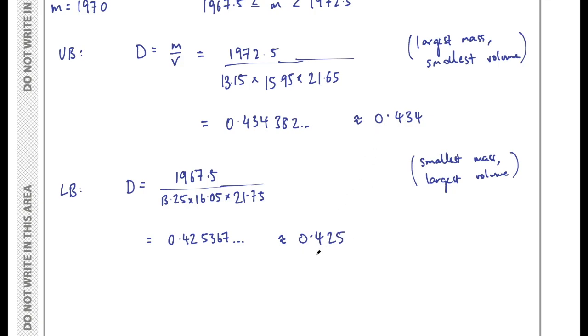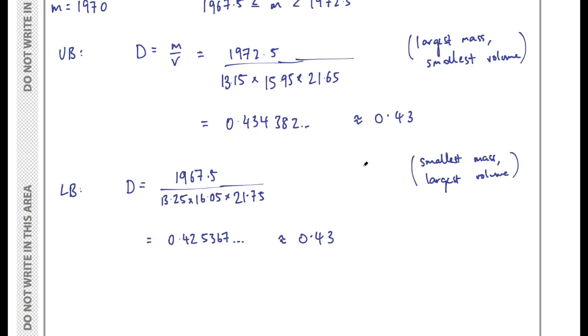So you can see to 3 decimal places we get different answers for the upper and lower bounds. But if we round to 2 decimal places, I get 0.43, right? 0.43 because the next number is a 4, so that stays the same. And for the lower bound, if I round this off to 2 decimal places, I get 0.43 as well because this rounds up. That's a 5 there.